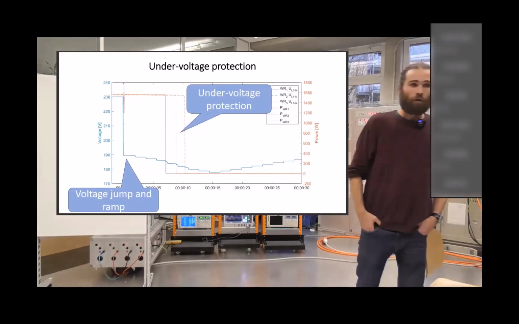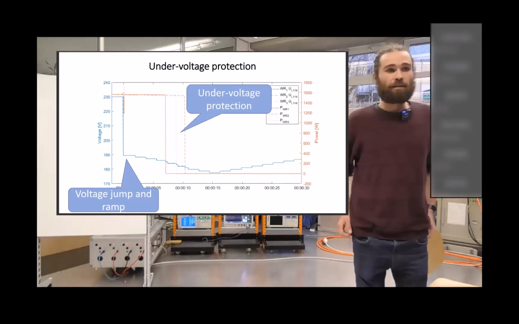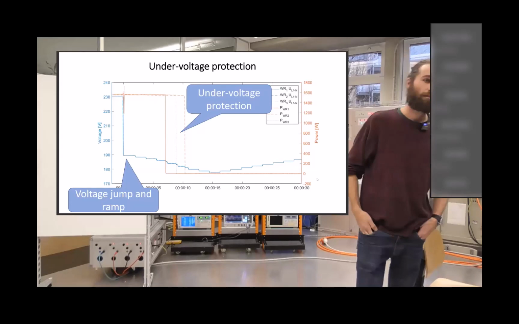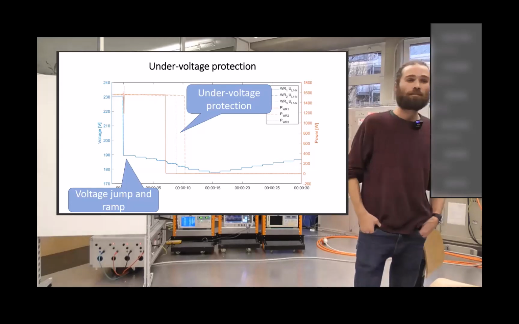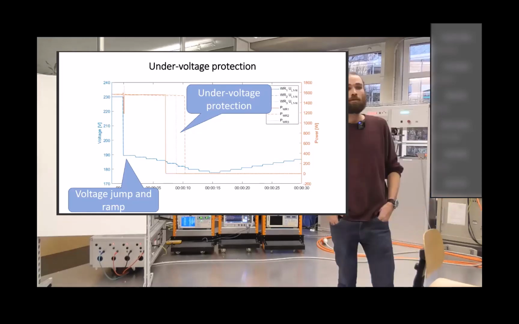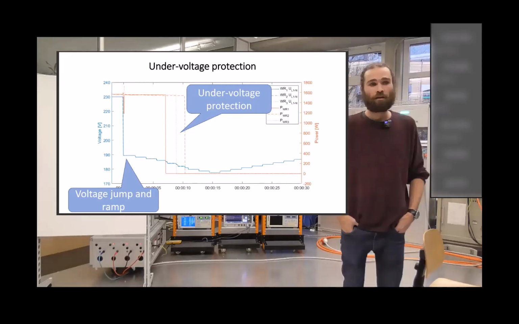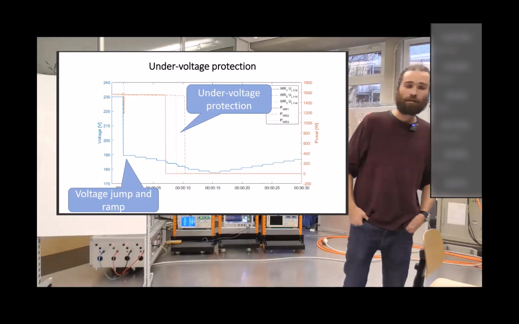Okay, and then in the end we had the under voltage disconnection. What you can see now is from an earlier measurement, this situation. First, the voltage went down just in the area before the inverter's disconnect. And then it ramps down until all the inverters disconnect.